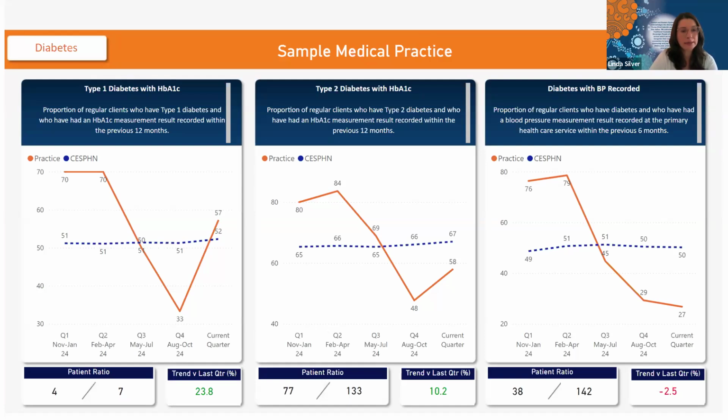So when we are trying to pick an activity, looking at, let's say, my type 1 percentage, I'm at 57% at the moment. I can have a look at the patient ratio at the bottom, which tells me that 4 out of 7 patients who have type 1 diabetes have HbA1c recorded.